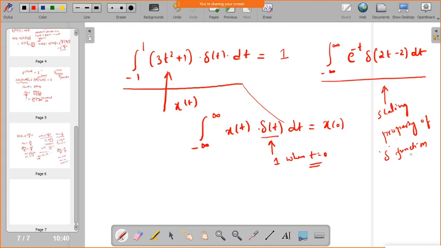Anybody got anything? What is the value of this? Hello? Anybody got any value?